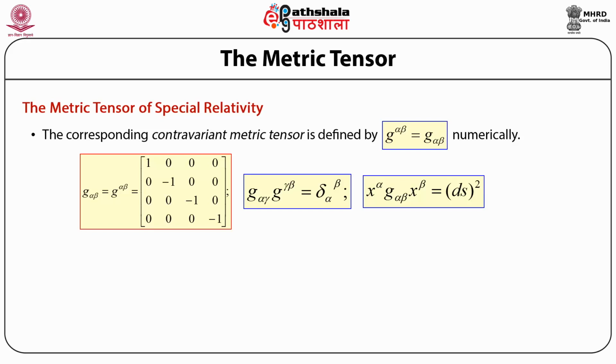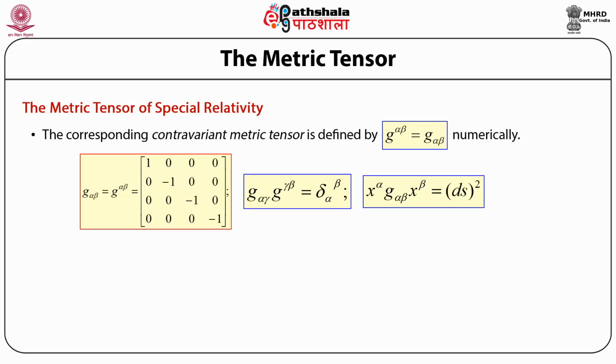In other words, g^αβ and g_αβ are numerically equal and form a 4 by 4 matrix whose off diagonal elements are all 0. That means it's a diagonal matrix, and the diagonal elements are defined as per the matrix given over here.